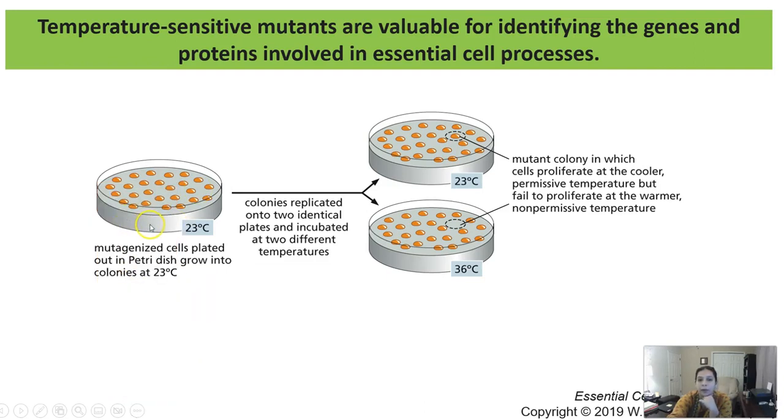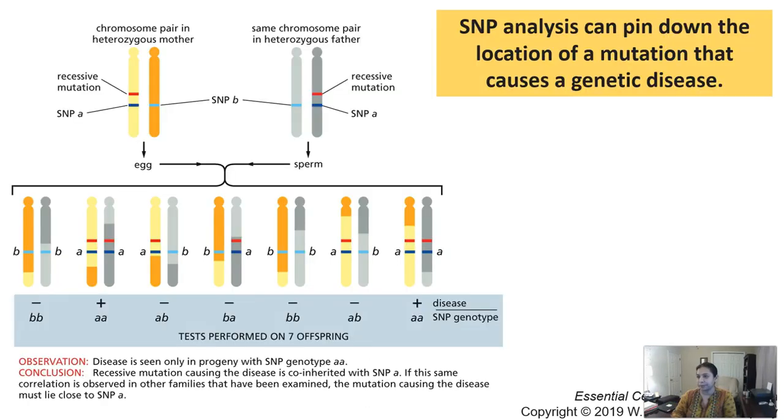And then when you replicate those into multiple plates, you keep one at room temperature and the other one at the higher temperature, you see that some of the colonies disappear because they have mutations that were not able to survive because of those time-sensitive processes that were essential, and they can no longer do that function.